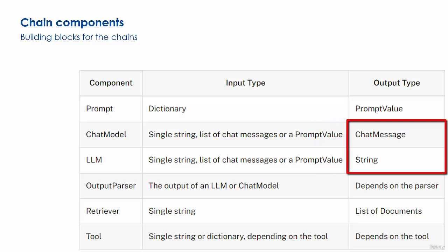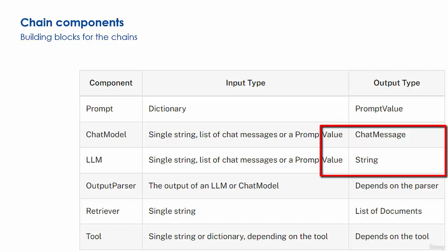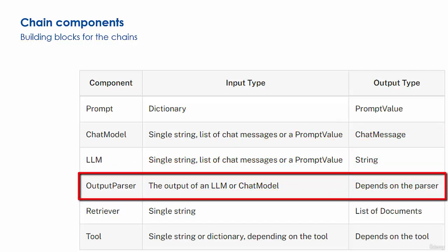The only difference between the two is in their outputs. The output from the chat model consists of a list of chat messages, whereas the output from the LLM is a string. The output parser component is responsible for parsing the response received from the LLMs.